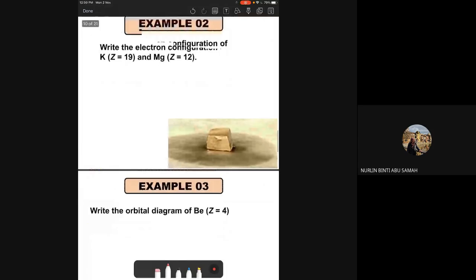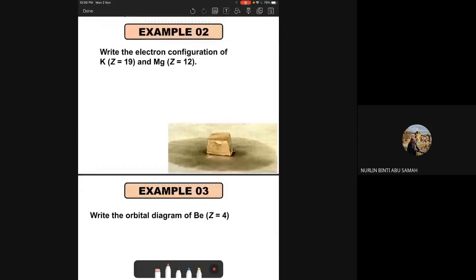So yang ni kalau electron configuration ni kamu tulis yang 1s, 2s tu lah. Okay. So kalau misalnya saya bagi contoh sini, potassium. Z dia sama 19 kan? Okay. So 1s2, 2s2, 2p6, 3s2, ada berapa lagi?